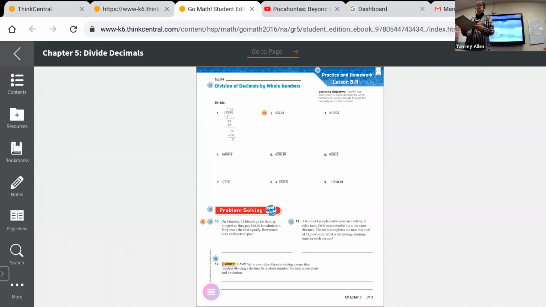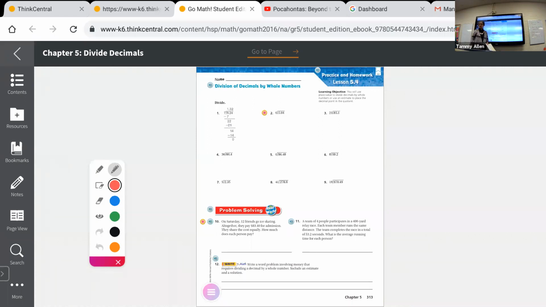Is that correct? Okay. Number two. You were doing an estimate. With your estimate, we can leave this 6 as a 6, correct? Okay. What multiple of 6 is close to 50 tenths?